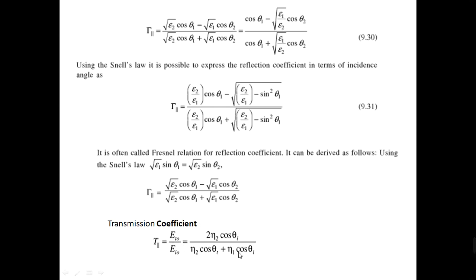So this is the expression for parallel polarization. I am leaving it as an assignment to you. You substitute for eta 1 and eta 2, root of mu by epsilon 1 and root of mu by epsilon 2, and get the expression in terms of permittivity like this, as you got for the reflection coefficient. So these are the expressions for the reflection coefficient and transmission coefficient for parallel polarization.